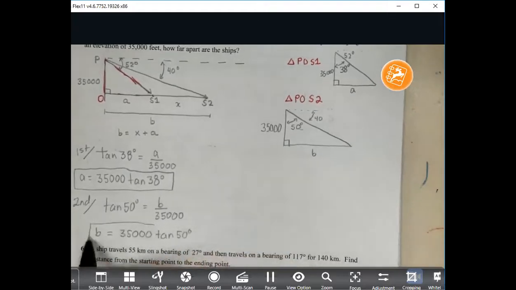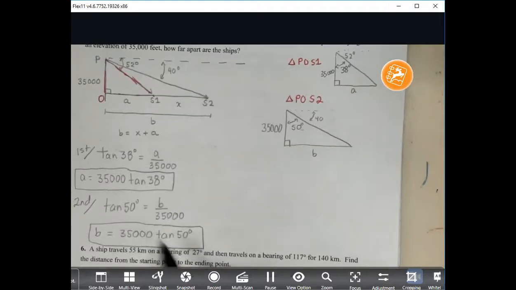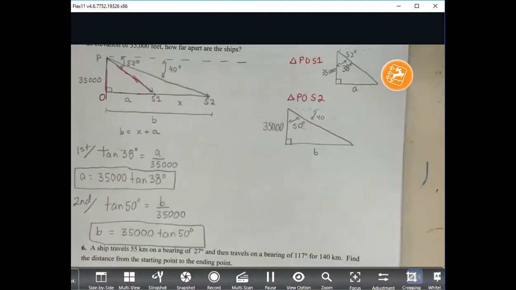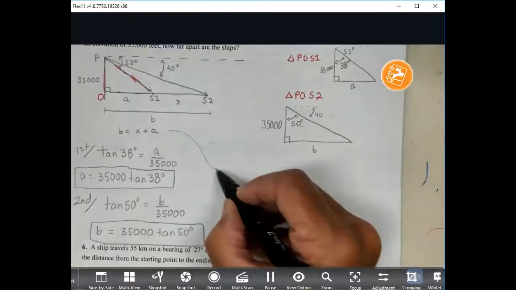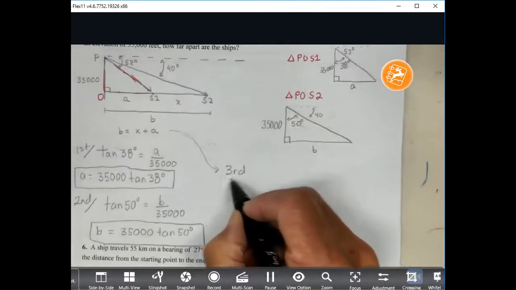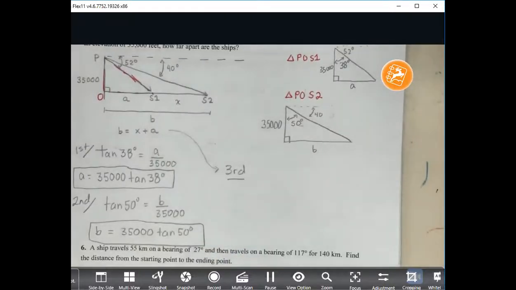Put that in a box. And now our job is to find X. So the third thing we do is use this. B was the sum of X and A, so X is B minus A.